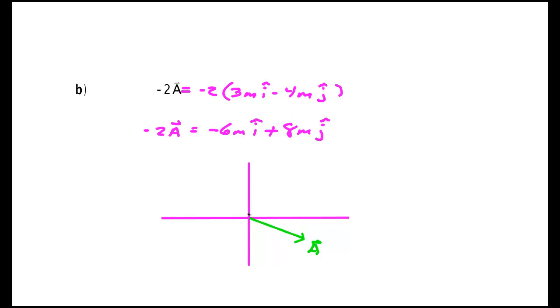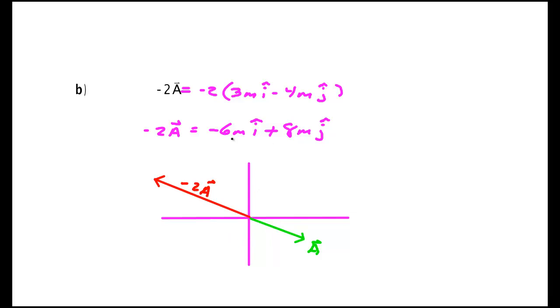Now it's going to go out 6 units over here and 8 units up here, so it's over there. And in fact, if I've drawn it to scale, it's pointing 180 degrees out of the way, and it's 2 times as long.